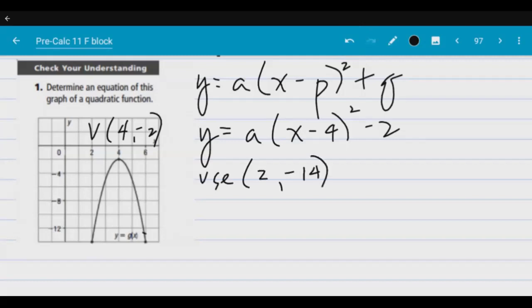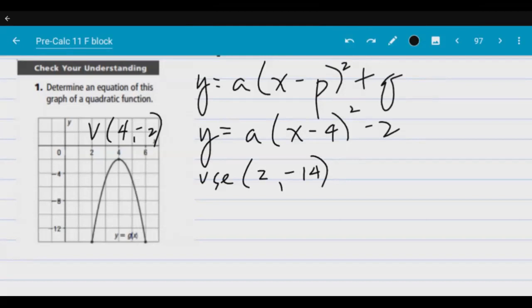I can also use this one if you like, because that would be (6, -14), still going to work. I will not choose this one because I would be guessing as to what it is. It would be about 5.1 and maybe 5.9, and an estimate doesn't really work well for me.